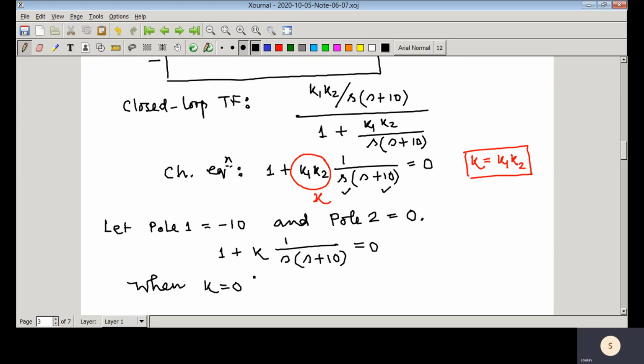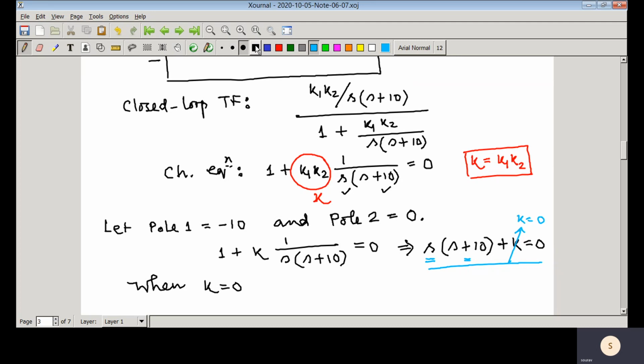We can write it in this form, s into s plus 10 plus k equal to 0. When k equal to 0, s equal to 0 and s equal to minus 10 would satisfy this equation.